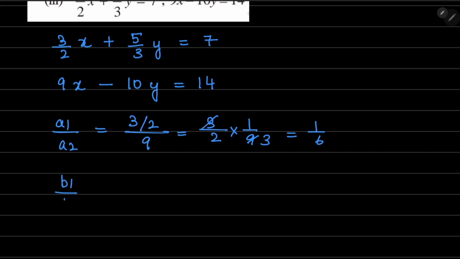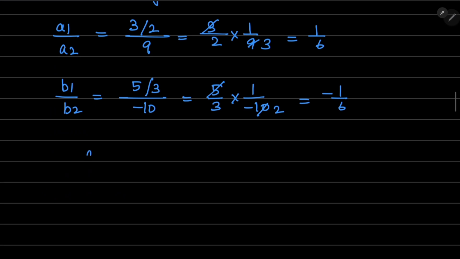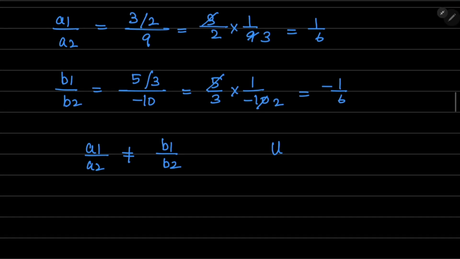Okay, so what is your B1 by B2? 5 by 3 divided by minus 10. Remember the sign. So this is nothing but 5 by 3 multiplied by 1 by minus 10. Again, here it is minus 1 by 6 that you are getting. So here itself you will see A1 by A2 is not equal to B1 by B2. And when the two ratios are not equal, that means it has a unique solution.